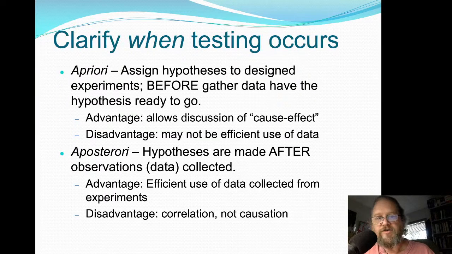We mentioned this, and this has to do with when you generate your hypotheses. In classic experiments, you make your hypothesis before you start collecting data. So that's called a priori. But if you make hypotheses after you collect the data, that's called a posteriori. And that's not to say that if you make hypotheses after the data is collected, you're not a scientist.